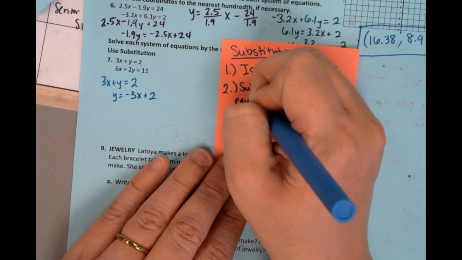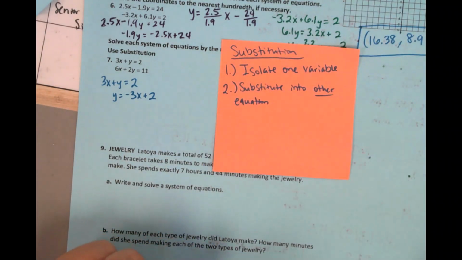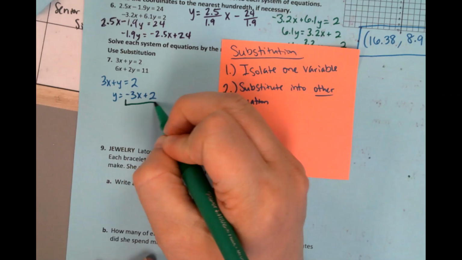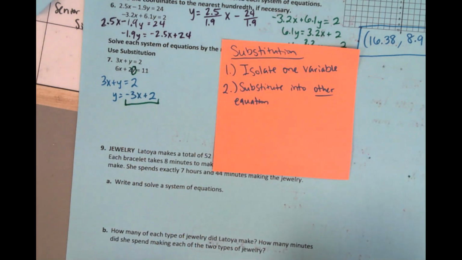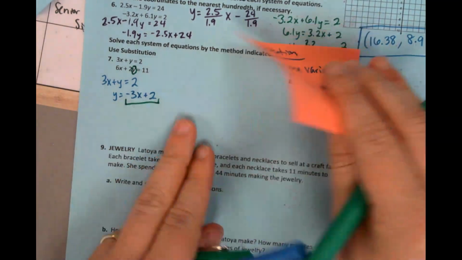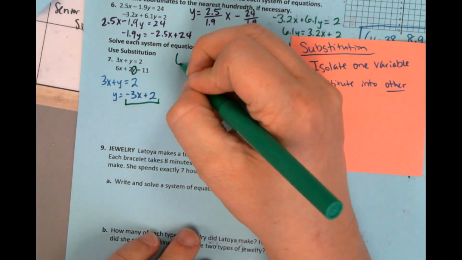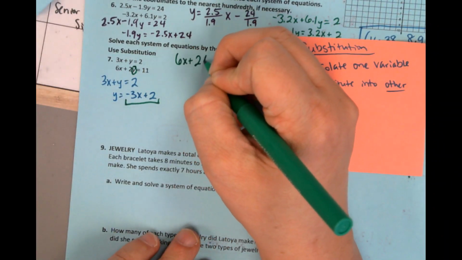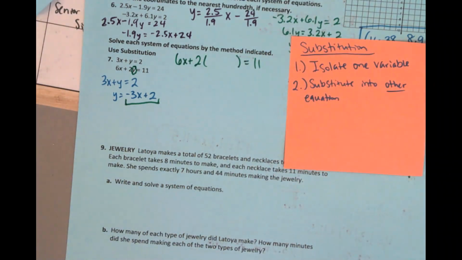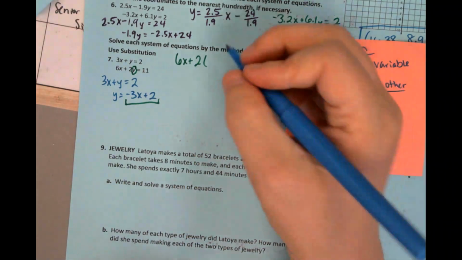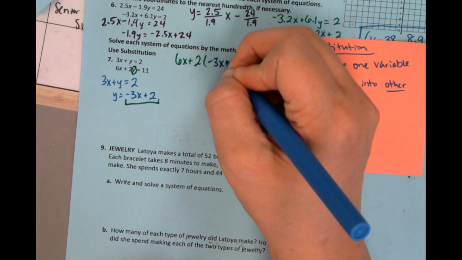Don't substitute it back into itself. That means we take the negative 3x plus 2 and we put it in our other equation instead of y. So our other equation was 6x plus 2y, but I'm going to substitute, equals 11. The y I just found to be negative 3x plus 2.